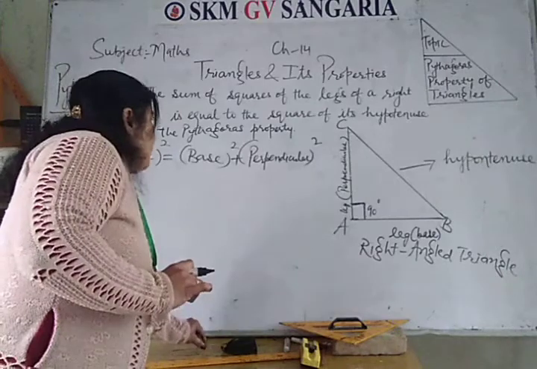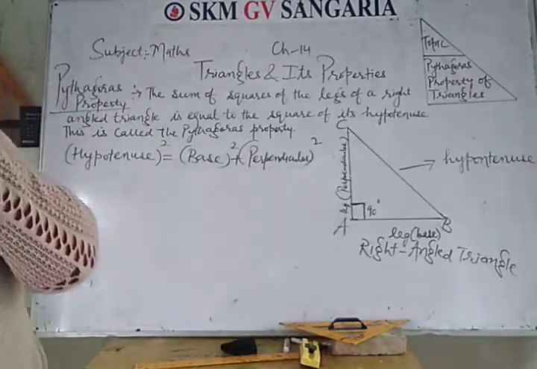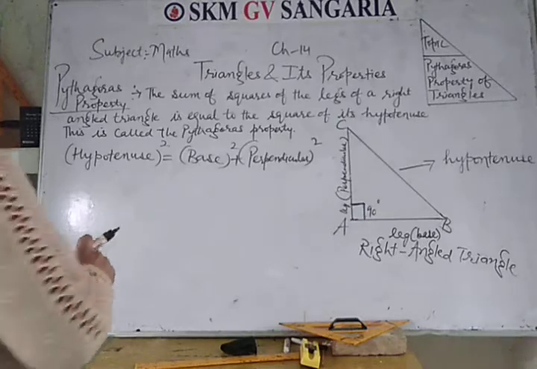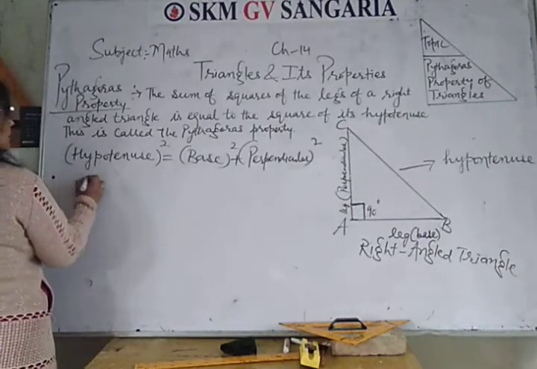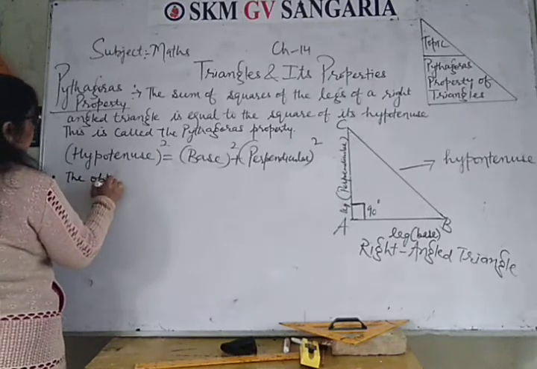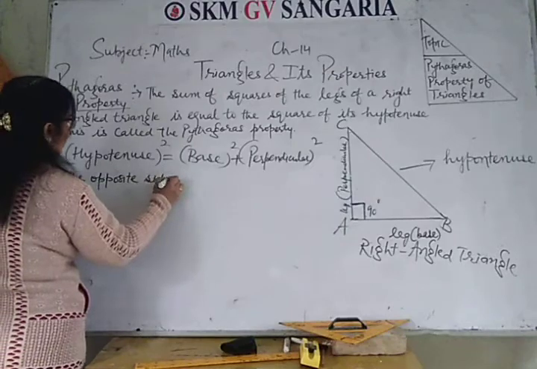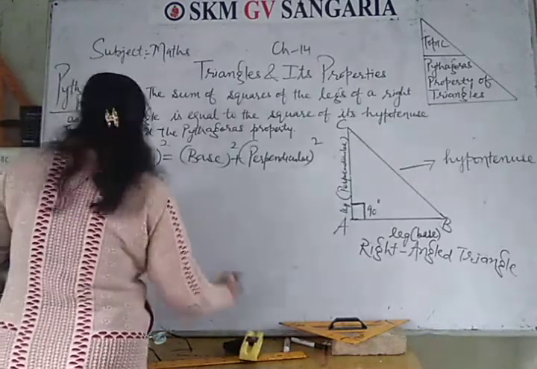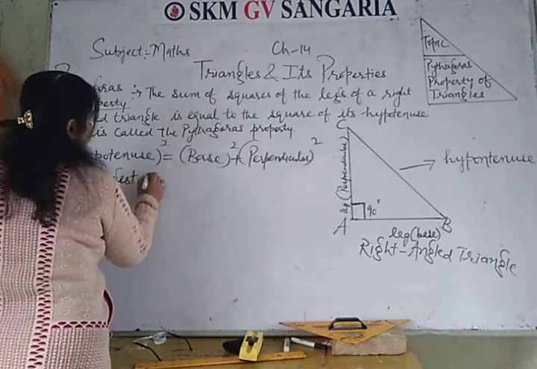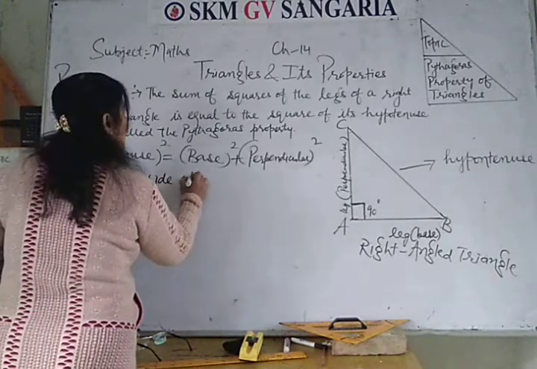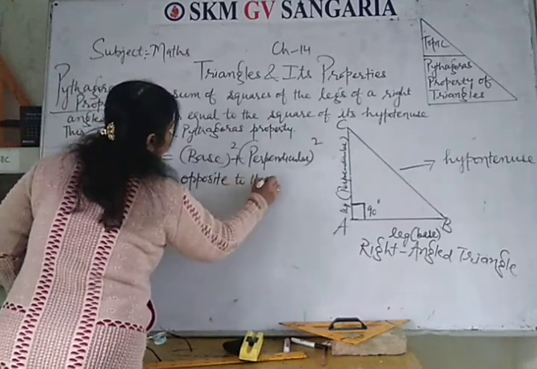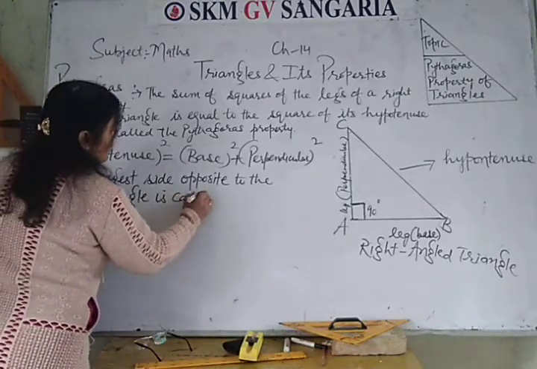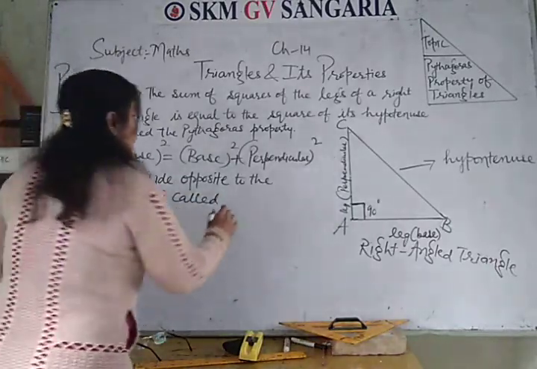The longest side opposite to the right angle is called the hypotenuse.